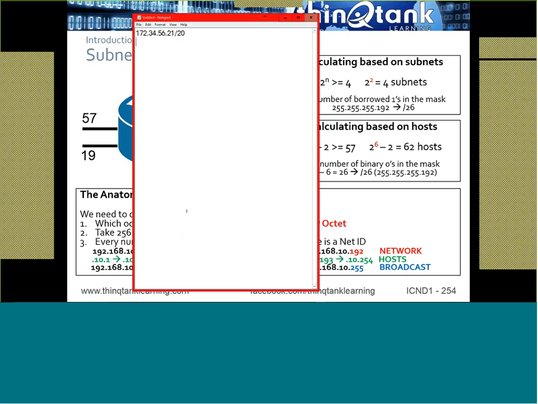The broadcast ID is 63. Network ID is 172.34.48.0. The broadcast address is 172.34.63.255. The host range is 172.34.48.1 through 172.34.63.254.